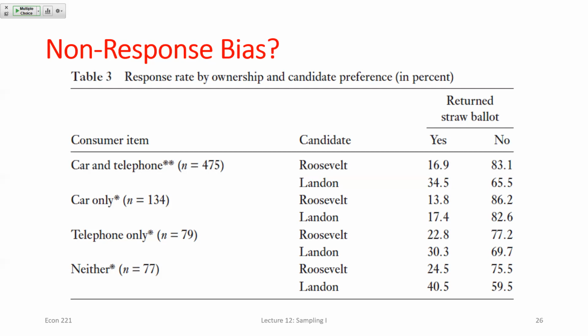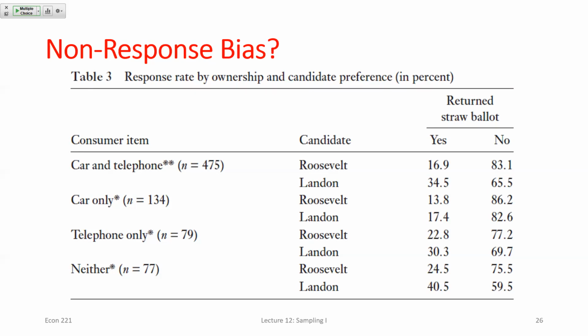So what they found was, of people that owned a car and telephone and voted for Roosevelt, 17% of them returned this other political survey. While the people that voted for Landon returned this other political survey card at 35%.